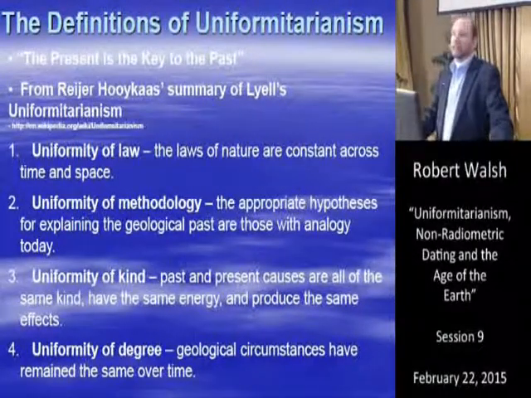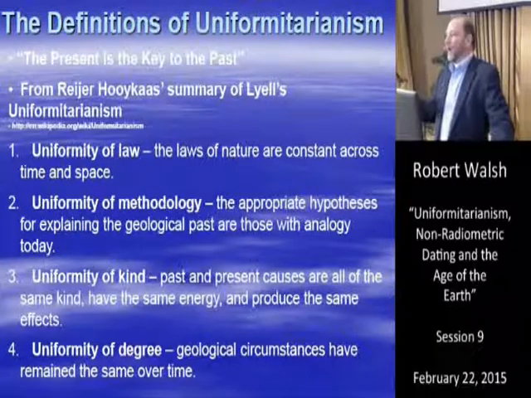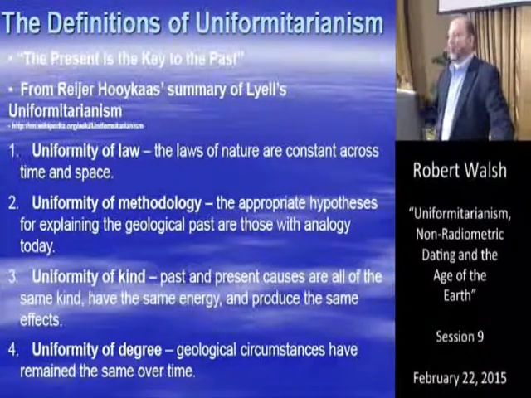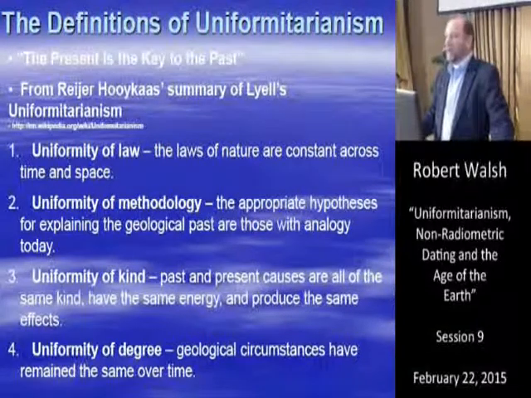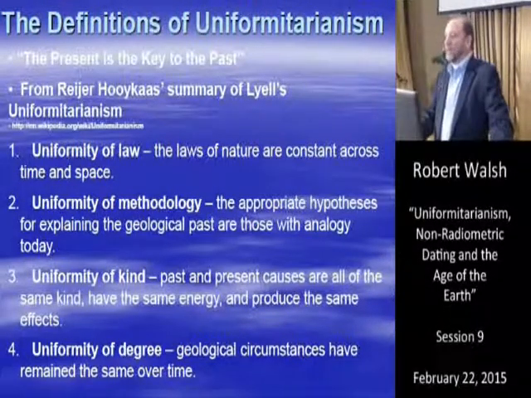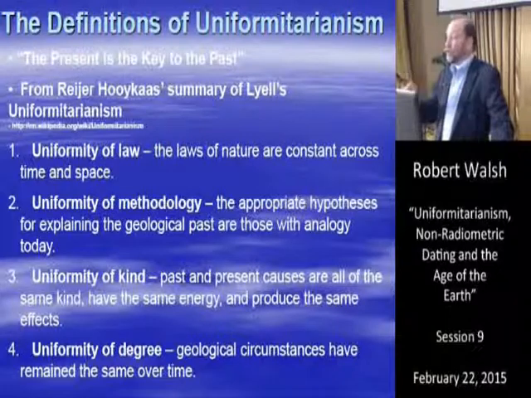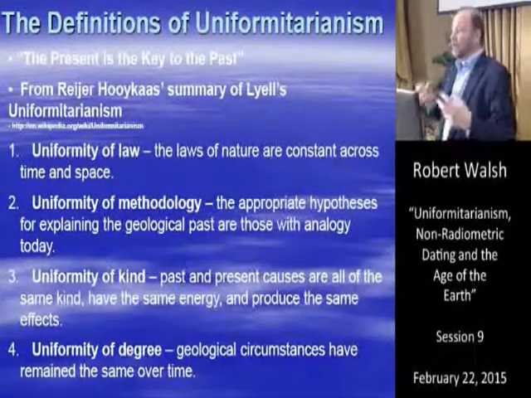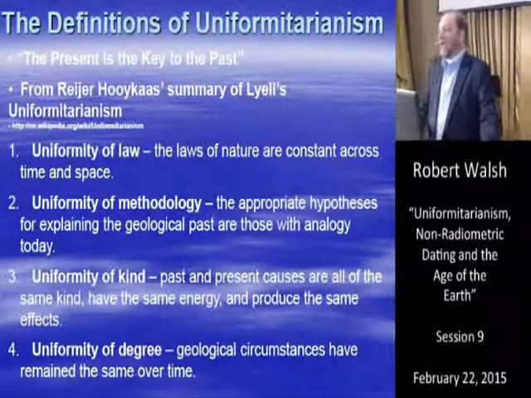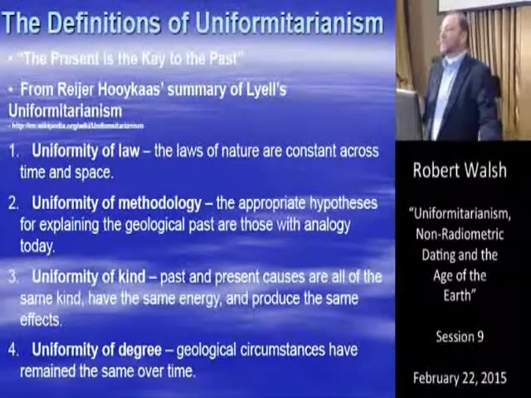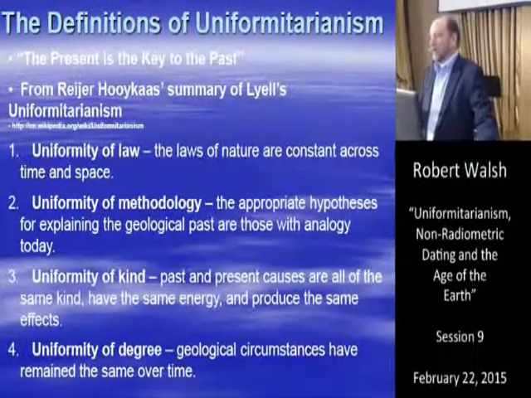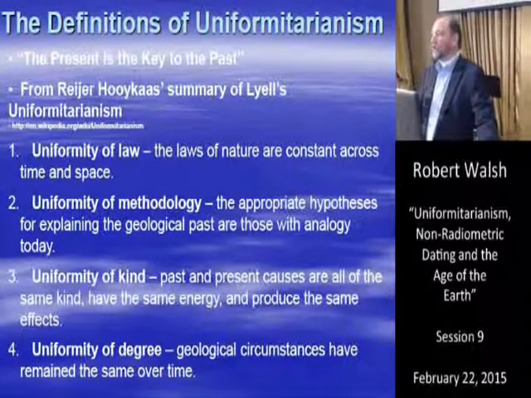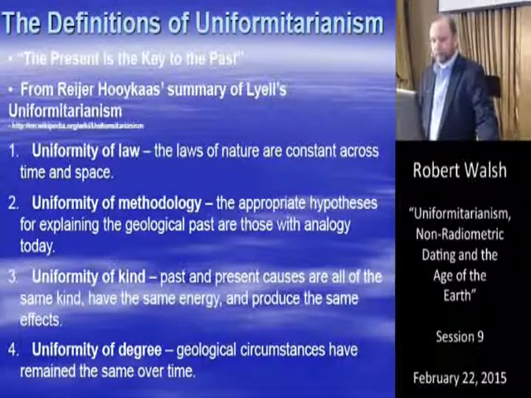So the way in which strata build up occurs essentially at the same rate over time, and so we can use these rates to determine the age of things. So uniformitarianism in this way is the underlying assumption of most evolutionary models. Okay?